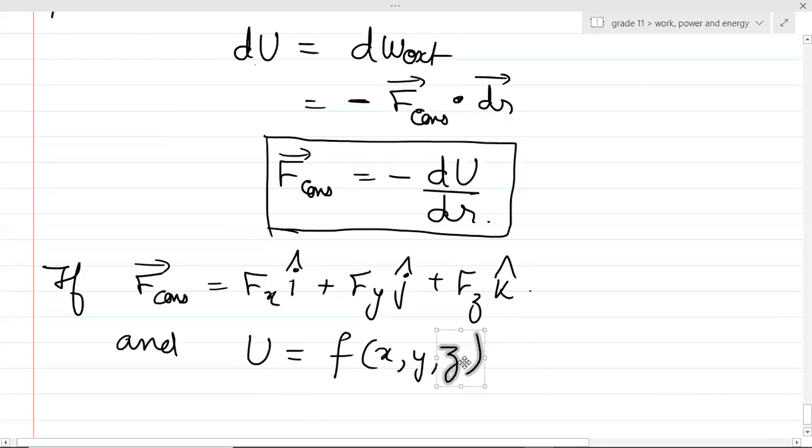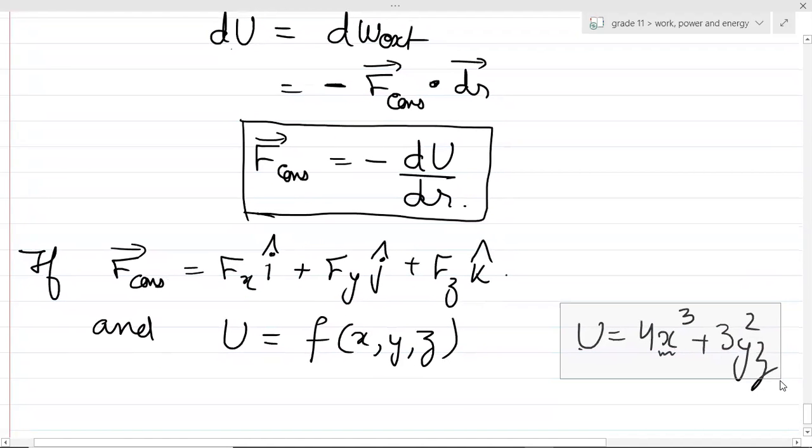What do you mean by x comma y comma z? For example, if I give you a question just after teaching this concept, F is equal to 4x cube plus, let's say, 3y square z. Can you see x, y, z, everything mixed in this? This potential energy is given as a function of coordinates x, y, and z. So what to do in those cases?